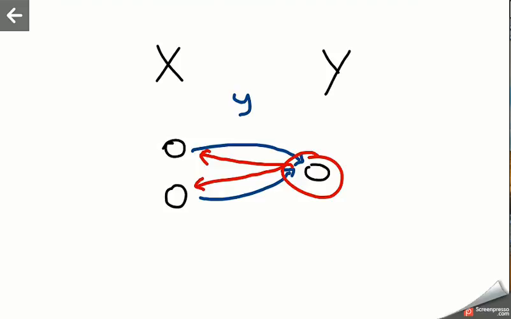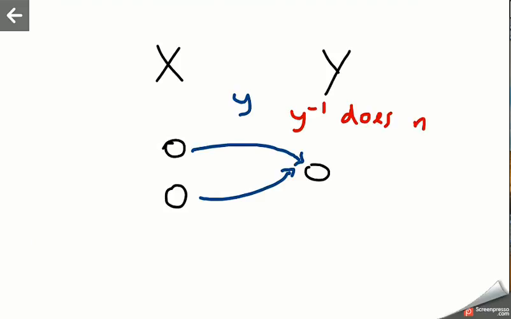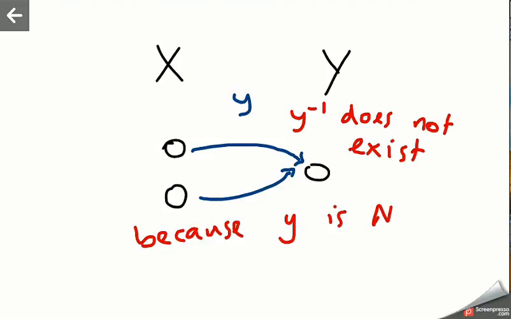So in this case, y inverse does not exist because y is not 1 to 1.